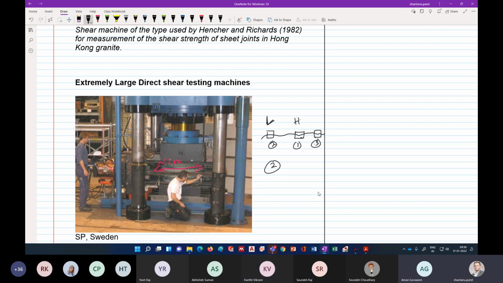Okay, in the intermediate. So what we do, if we take this small sample, let's say this is 10 centimeter. This is 10 centimeter. So maybe in this case, the friction angle we are going to get is 23 degree, let's say. This will give us a friction angle, let's say 46 degree.